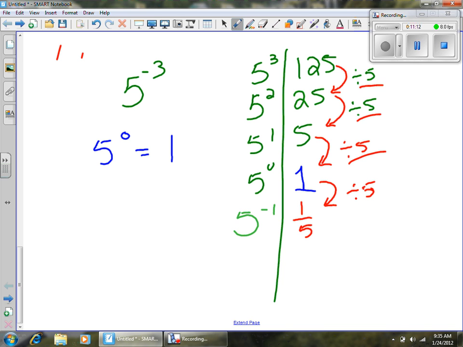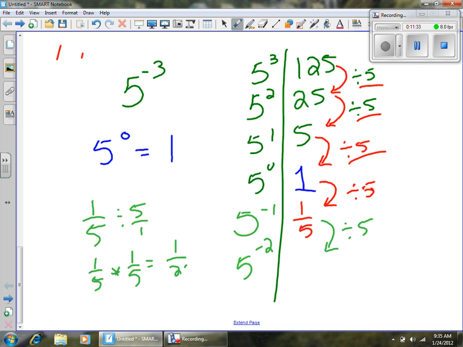Let's try 5 to the negative second. Oh, okay, I know I have to divide by 5. Well, let's see here. 1/5 divided by 5, copy, times flip, 1/25. Well, hey, look at that. 5 to the negative second is 1/25.